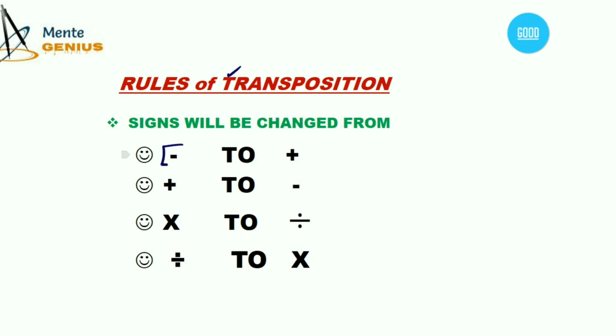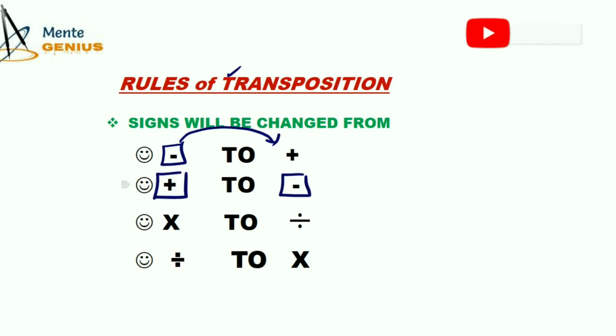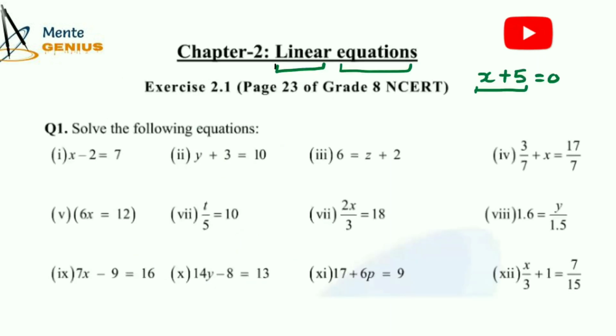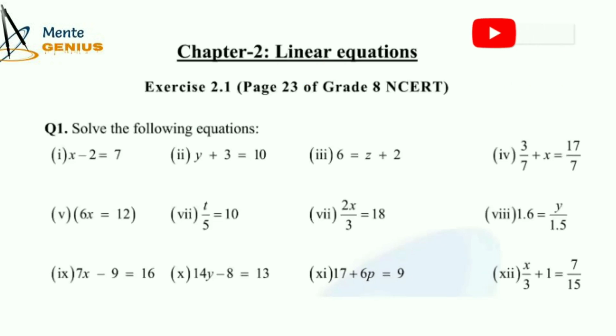Whenever we move a term with a negative sign, its sign will change to positive, and if it is already positive, we change its sign to negative. If it is multiplied by x or some other variable, on the other side it changes to division. Let us learn how we will apply these rules. This is so easy, believe me, just keep watching.